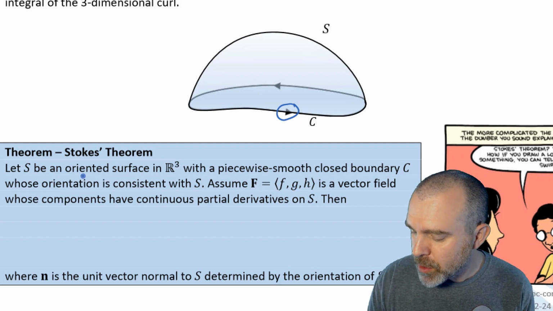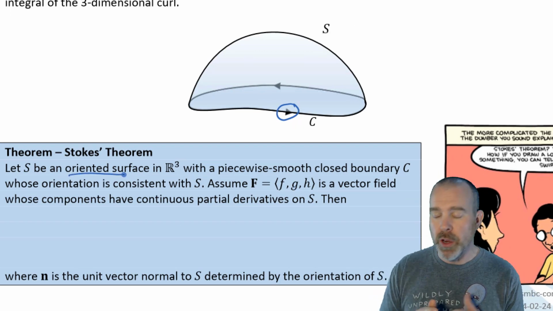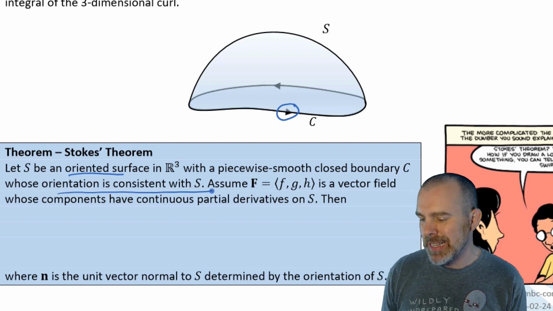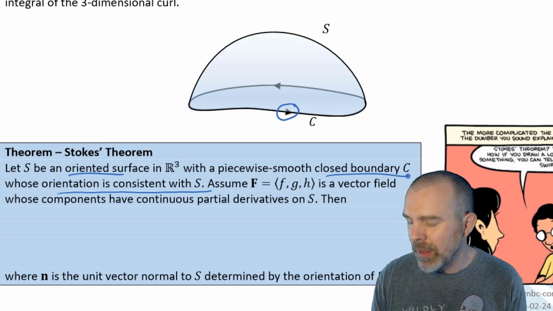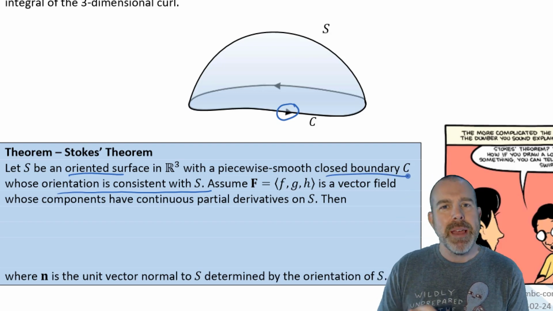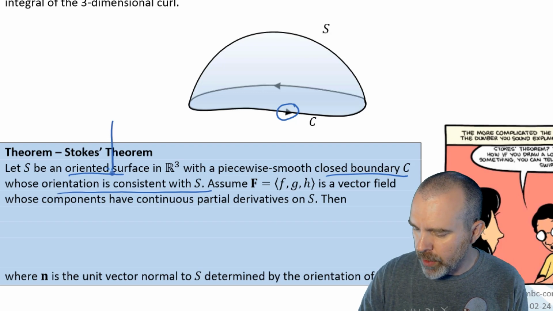First of all, the surface must be oriented. So it must be an orientable surface, and the orientation has to be consistent between the boundary, the curve C, and the surface. What that means is you use what we would call the right-hand rule.